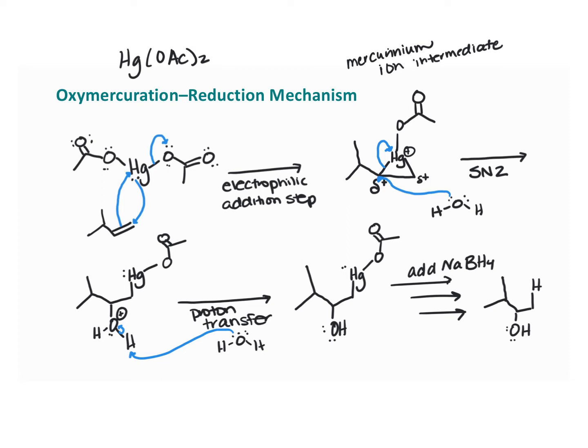Now, even though this oxymercuration takes place with an anti-addition, which is what we're looking at here, the stereochemistry of the carbon atom bonded to mercury is scrambled during the reduction step.